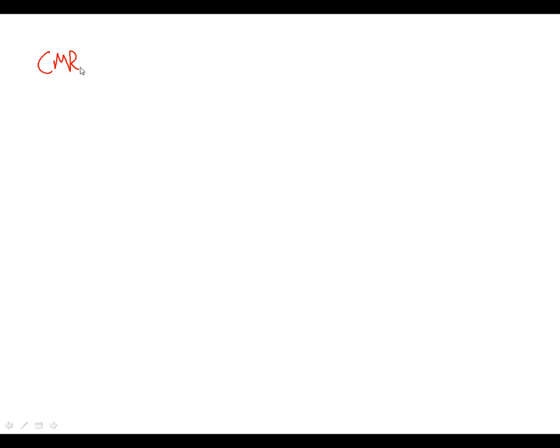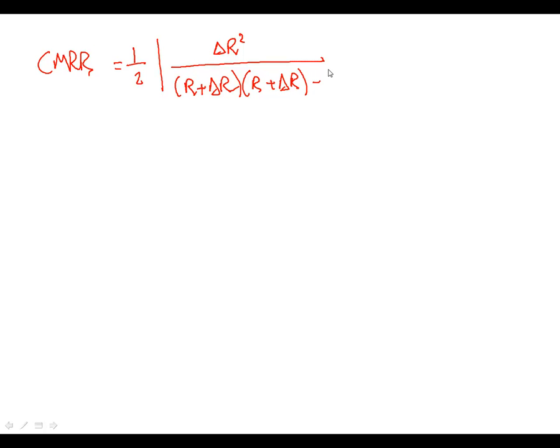so common mode rejection ratio is a half into, well, where we had on the numerator before, we've now got 4 delta R squared, all divided by, on the bottom we've got R plus delta R, R plus delta R, minus R minus delta R, R minus delta R. Expand that a little bit.